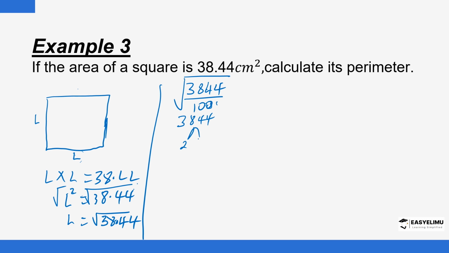So we have 3844. We start with 2. 2 goes there, 1, 9, 2, 2. 2 again. 2 goes there, 9 because of 18, 6, 1. This should be 3. Which number here now? 961 is divisible by which number now?